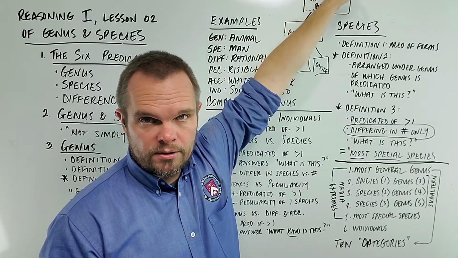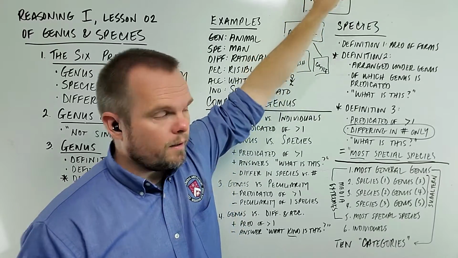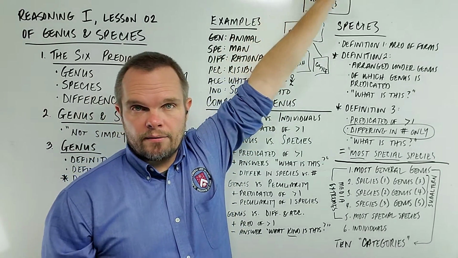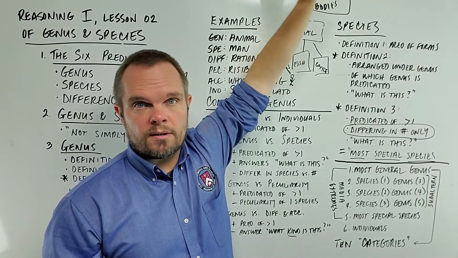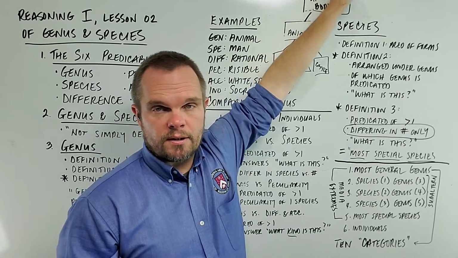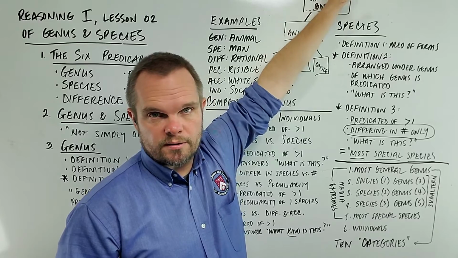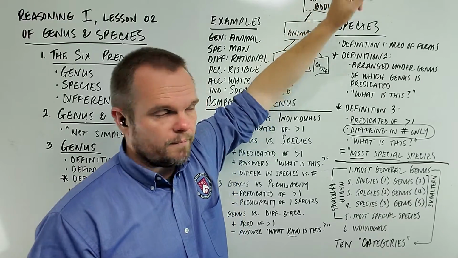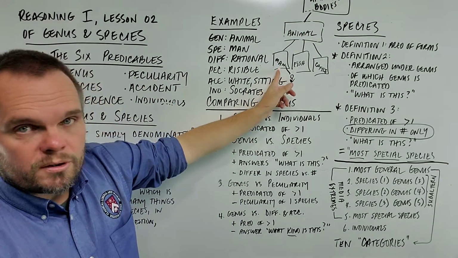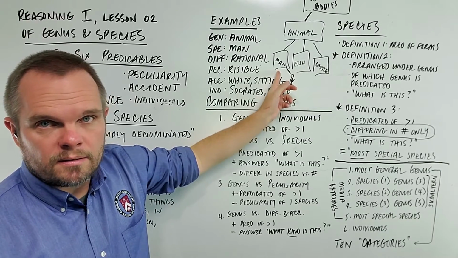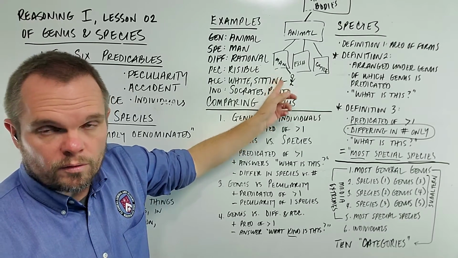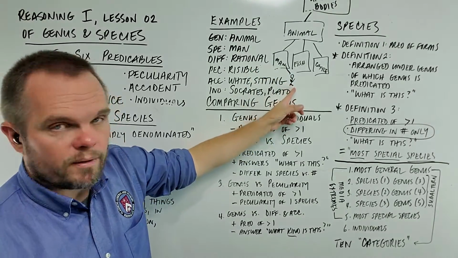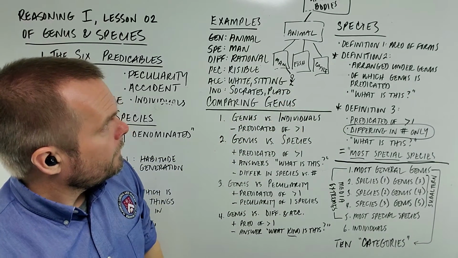Most general genus, all the way at the top. No genus higher than it. It's the most general genus. The genus of all the genuses, or of genera, okay? Most special species. The final or first species, if you start with individuals.